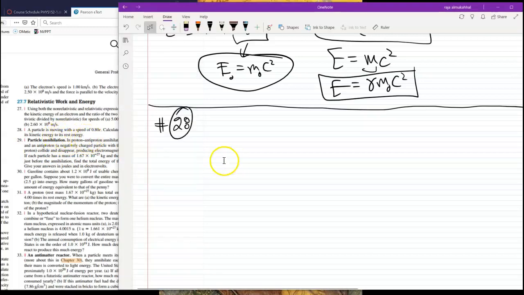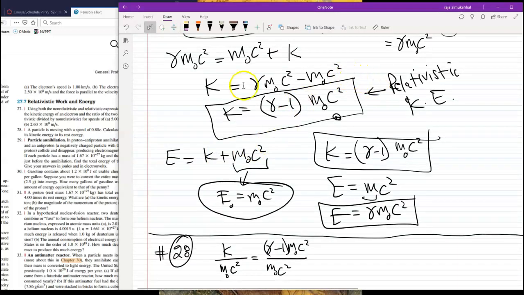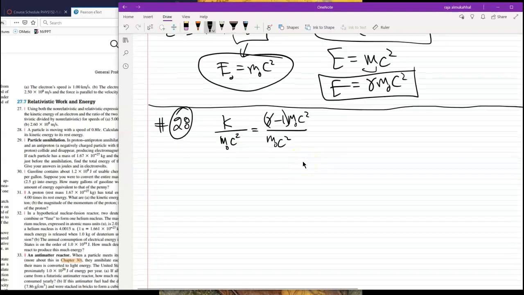So we know that the kinetic energy K over the rest energy, which is m naught c squared. You remember what K is? It's gamma minus 1 m naught c squared over m naught c squared. You agree with me on that? Here is the kinetic energy right there, and the rest energy is right there, m naught c squared. So we just do that.